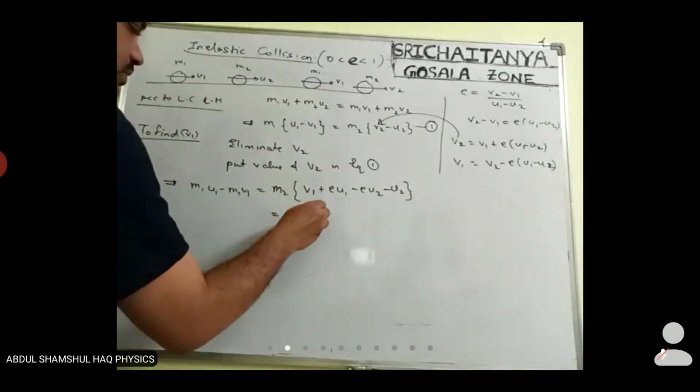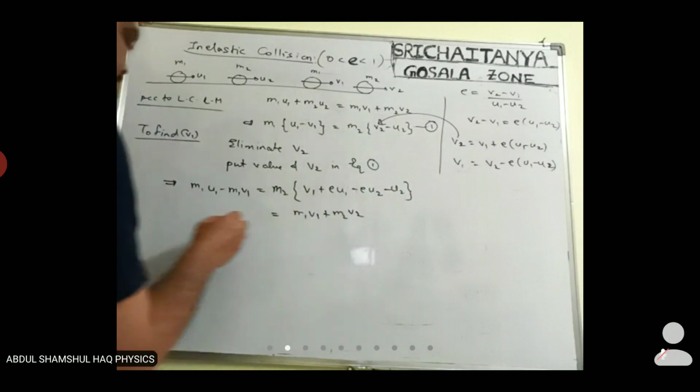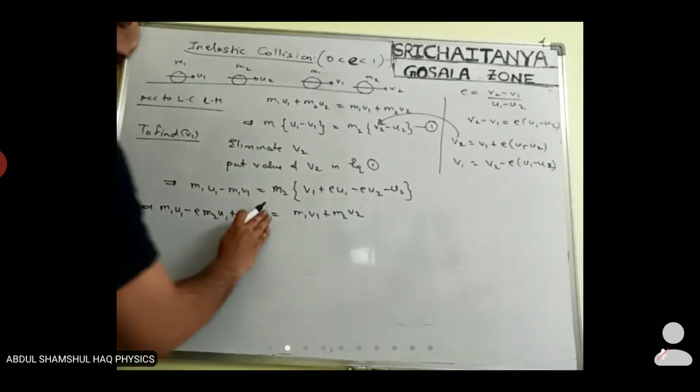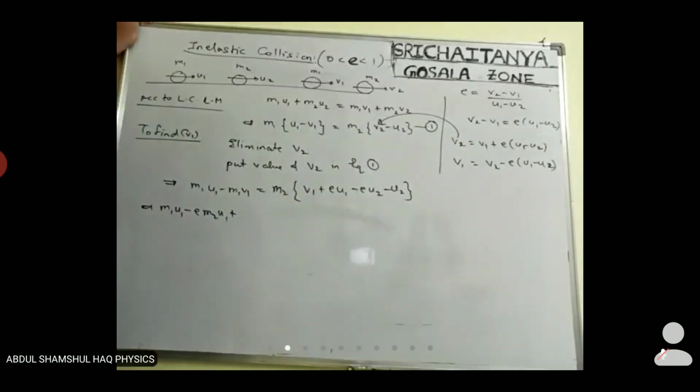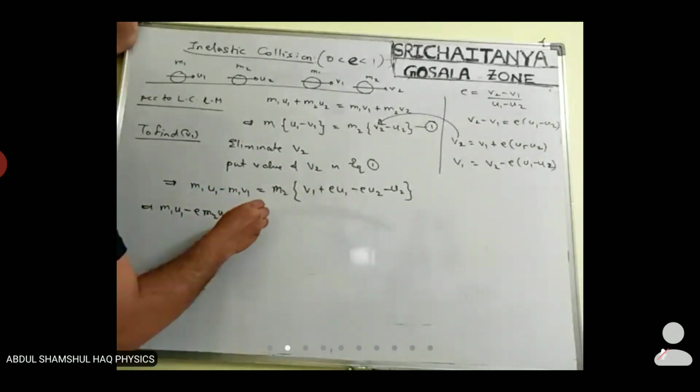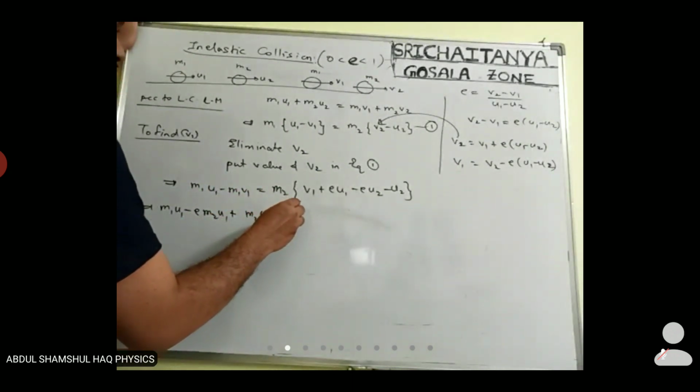So m1 v1 plus m2 v1. On this side, students, we have m1 u1 minus m2 u1 plus other terms: m2 u2 plus e into m2 u2.